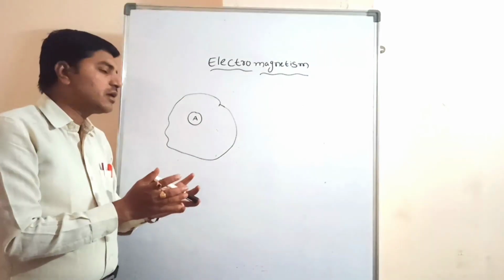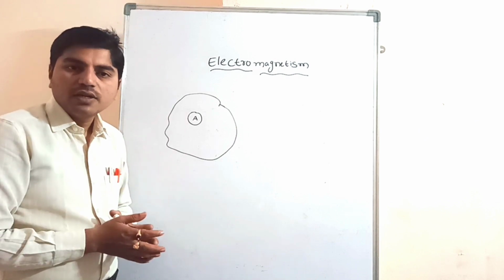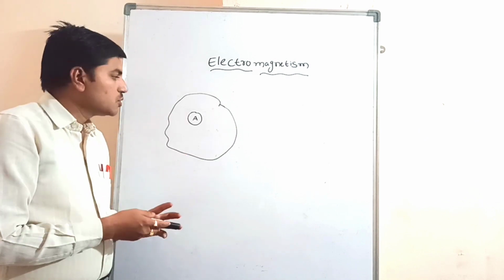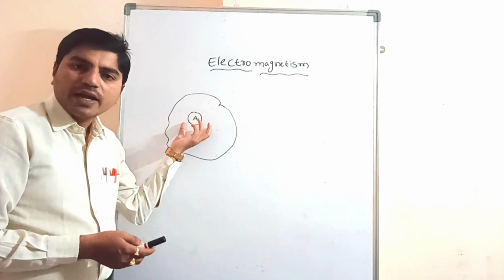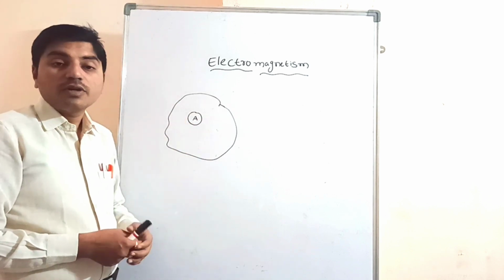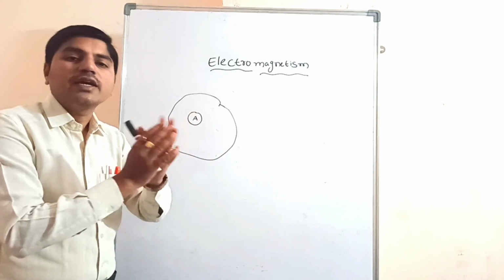Magnetic field lines are imaginary lines. We cannot identify them by physical contact, but we can easily identify them with one experiment.